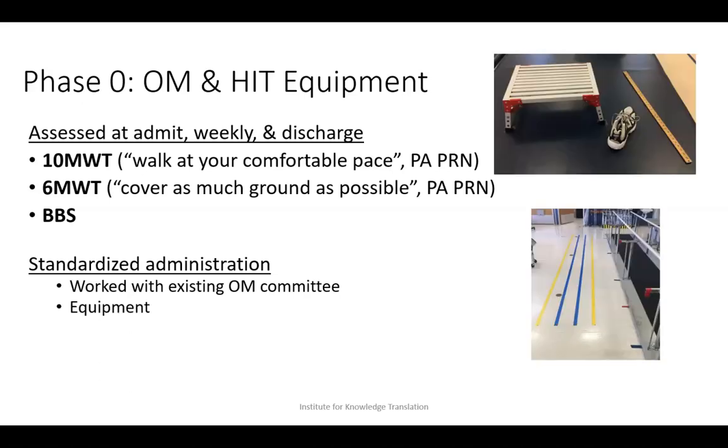We helped make sure their equipment was available. At the top, you can see some of the items you might use for the Berg. At the bottom, you have lines to do an FGA, and right next to the parallel bars, there are small rectangles of tape marking off 2-meter increments for the 10-meter walk test.